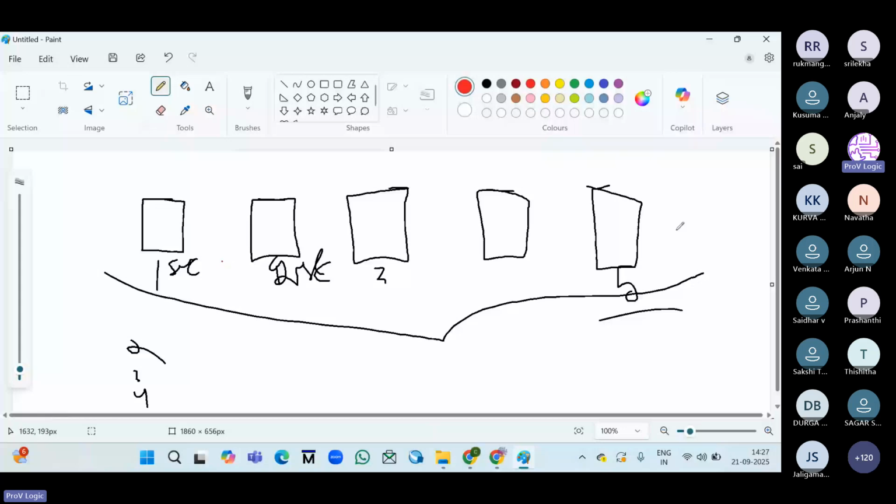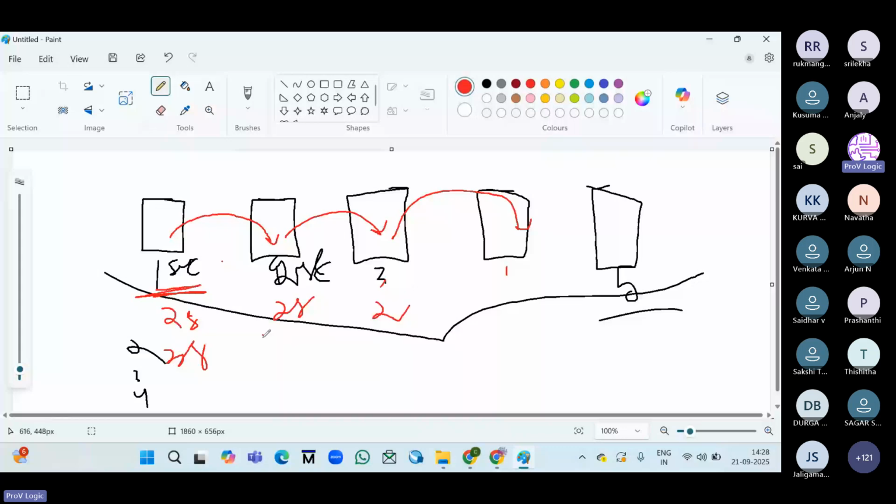Pipeline is nothing but parallelism, where we can do multiple tasks. Suppose the first instruction is in the fetch stage. Whenever the first instruction goes to the next stage, the decode stage, the second instruction will immediately start in fetch. When the first instruction moves to the execution stage, the second instruction comes to decode and the third instruction comes to fetch. When the first instruction moves from execute to memory access, the second instruction comes to execute, the third to decode, and the fourth to fetch.